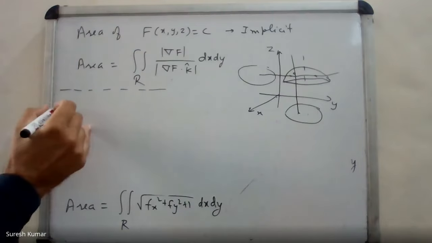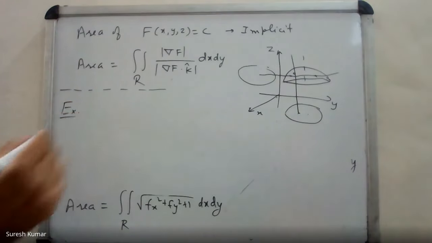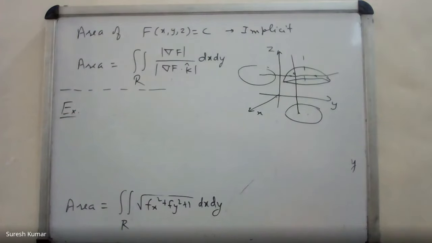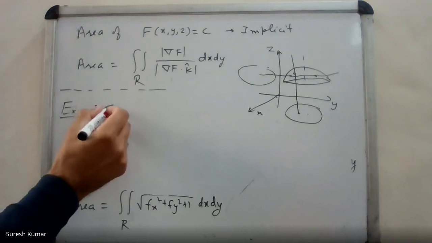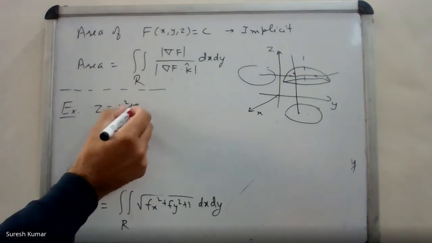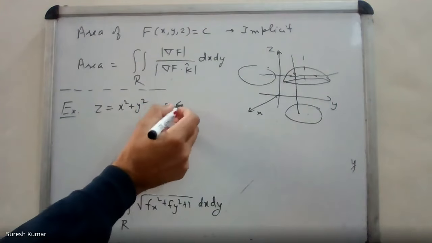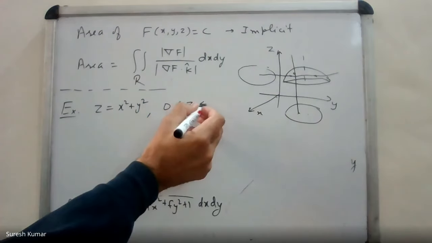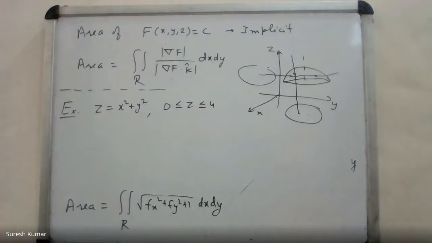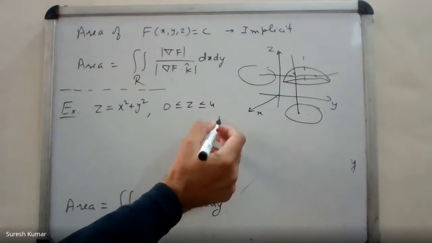See this problem. Find the surface area of the paraboloid z equal to x square plus y square, where z varies from 0 to 4. Do you understand the shape of this?